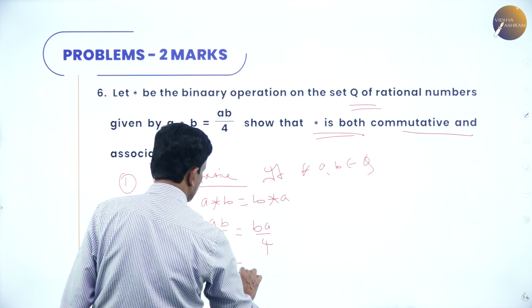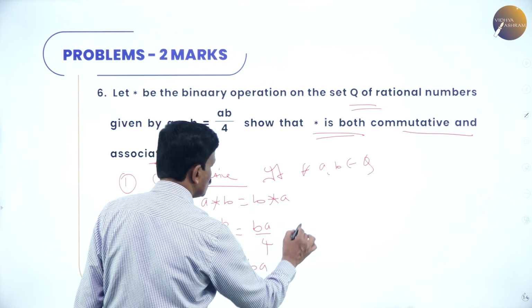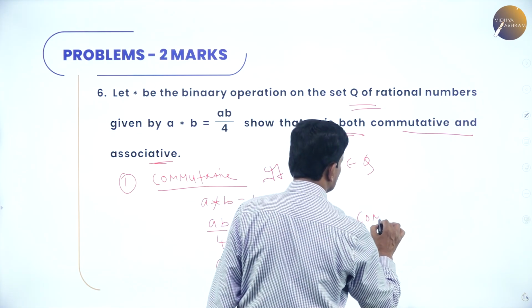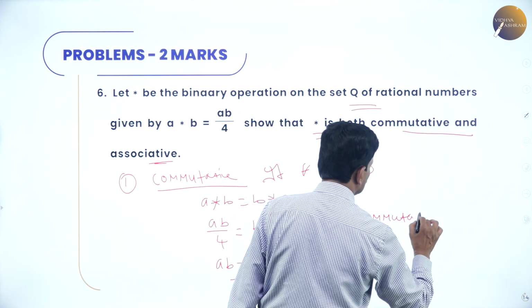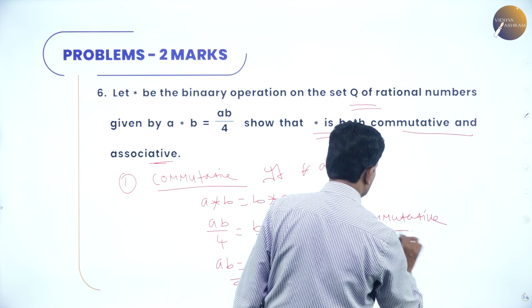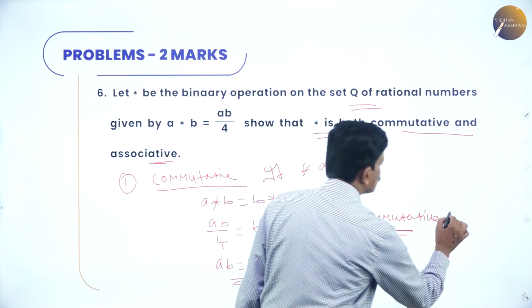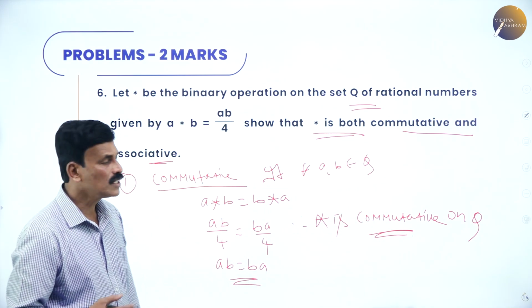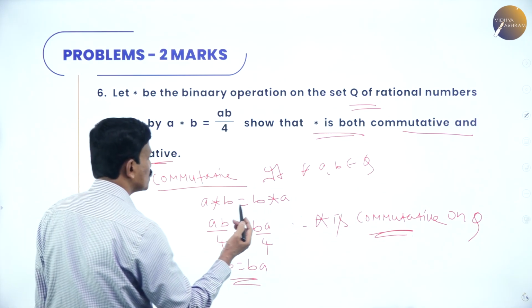You can write ab is equal to ba. Therefore star is commutative on Q. So the commutative property is satisfied. Commutative law holds good.